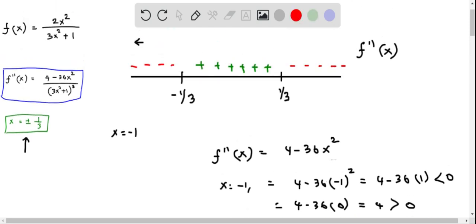And this means whenever the second derivative is less than 0, it is a concave down interval. This is concave down. And here also it is concave down. And whenever the second derivative is positive, it is concave up.